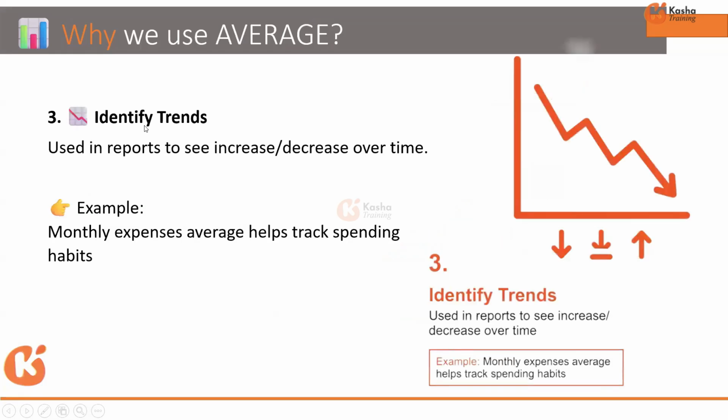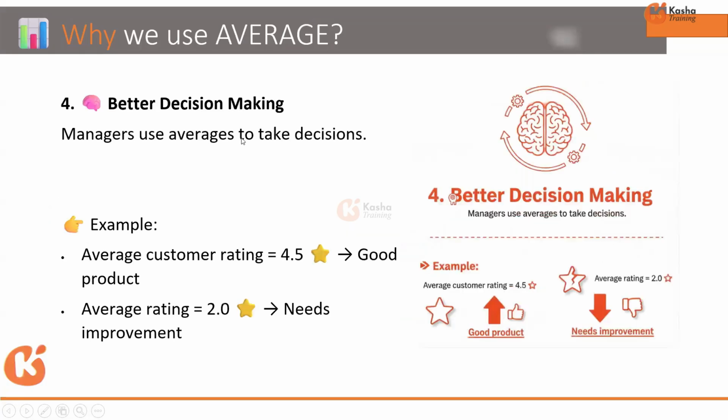We also use average to identify the trend, to see whether a report is increasing or decreasing over time. Monthly expenses average helps to track spending habits, whether it is increasing or decreasing, so you can control your habits. Average is also used for better decision making.